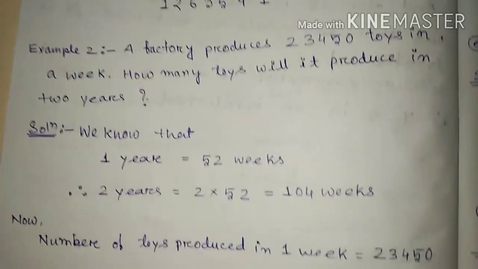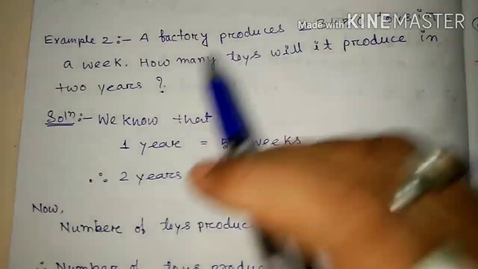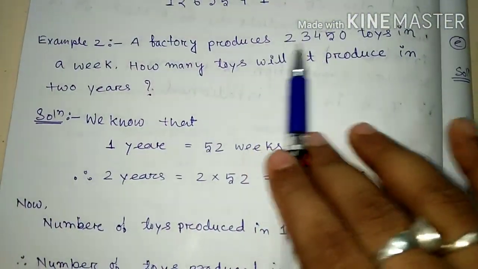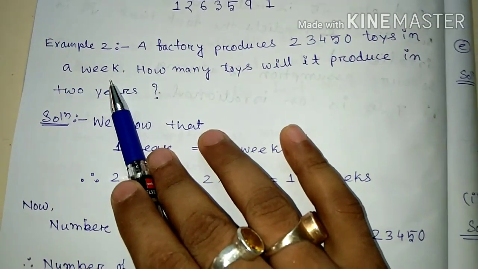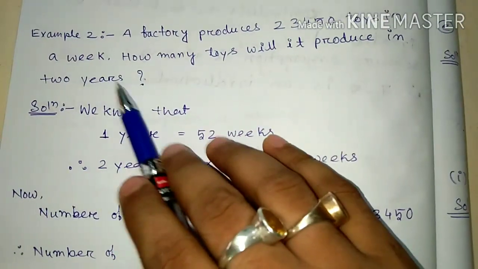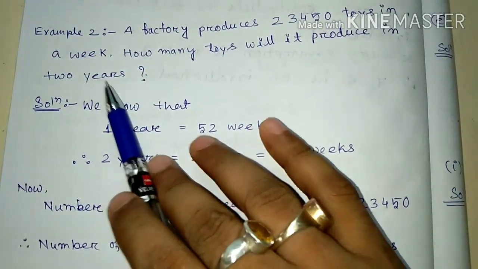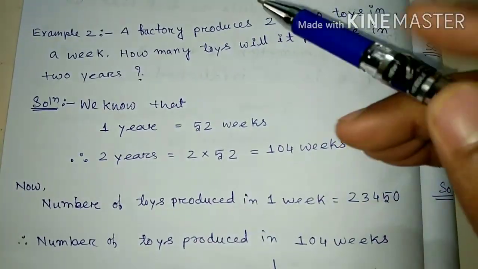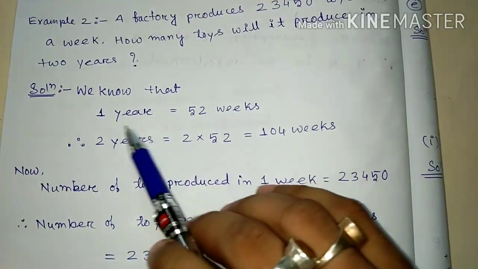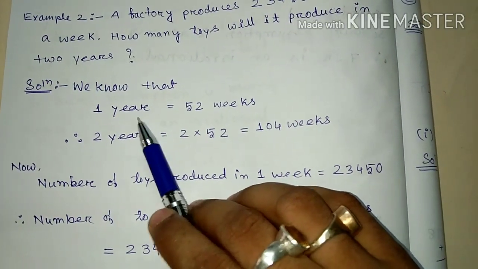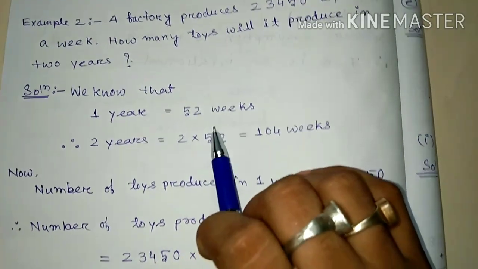It is given per week, but you have to find for years. So first you have to find how many weeks are in 1 year, so you have to convert this. We know that 1 year is equal to 52 weeks.